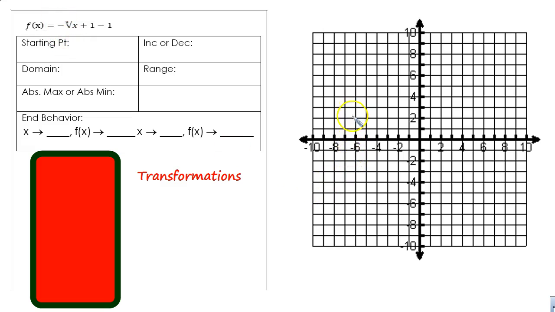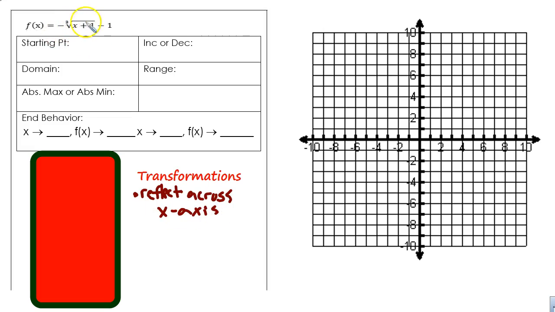And remember I said outside, it's up and down. Well, if you reflect across the x-axis, you're going up or down. You might remember this by thinking of this negative as x escaped from under the radical: x-axis. So we want to list out that transformation. It reflects across the x-axis. So that one's taken care of.